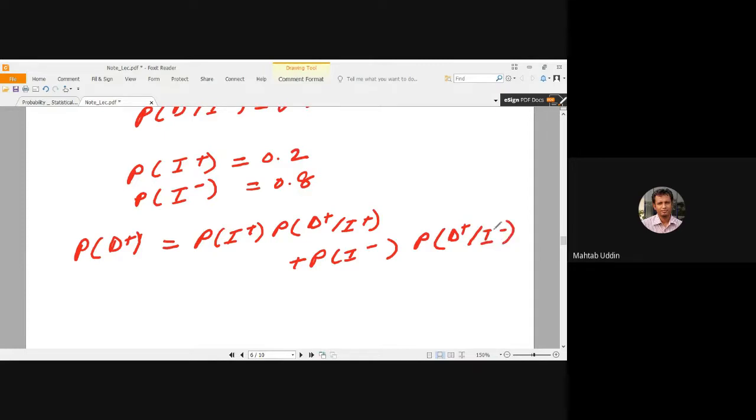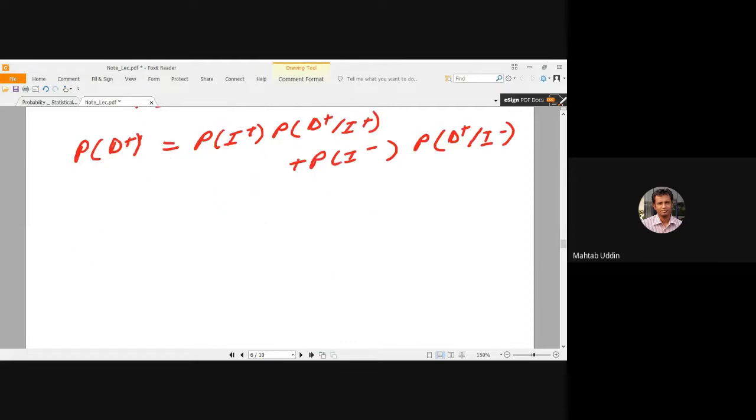So what is the probability of total detection? Impurity 0.2 with detection 90%. Not impurity 0.8 with detection 0.05. So 0.22.